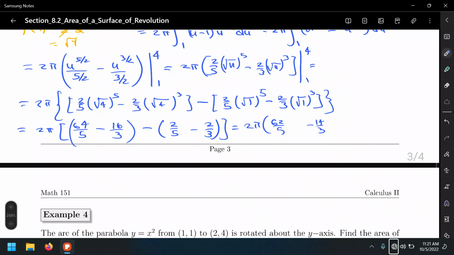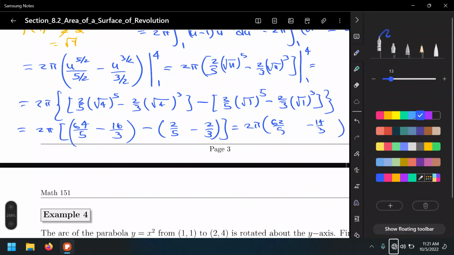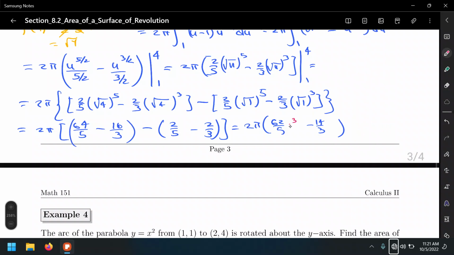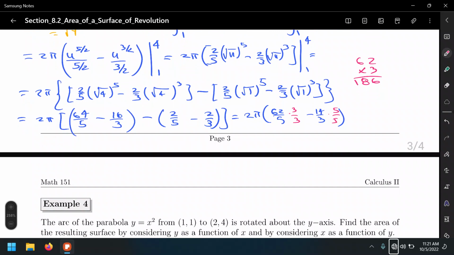In this case we will need common denominators to simplify this. So multiply by 3, multiply by 3, multiply by 5, multiply by 5. So 62 times 3, I'm going to do it by hand. 6 times 3 is 18, so 186, and 14 times 5 is 70.